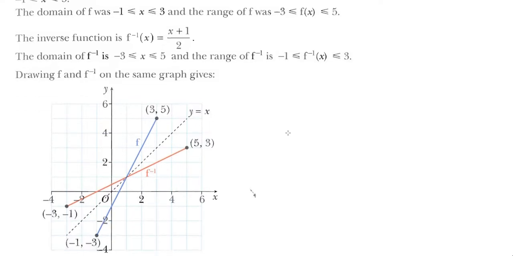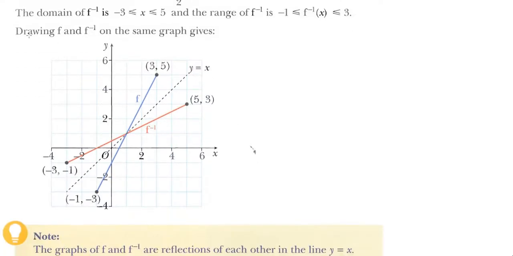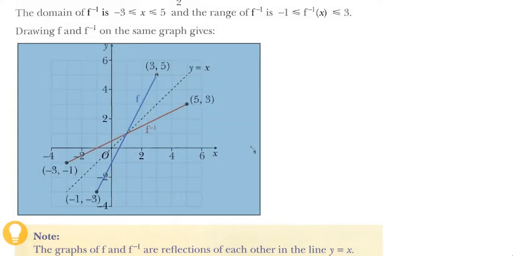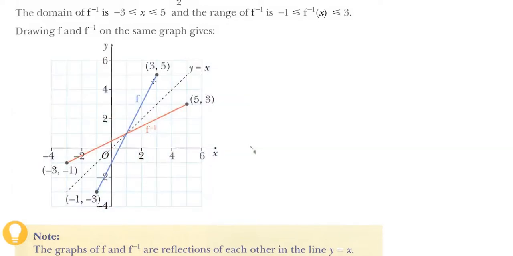So this is f, you can see this is f in the blue line. How to draw the line, you know very much, you know how to draw a straight line. You just need 2 points and join them.